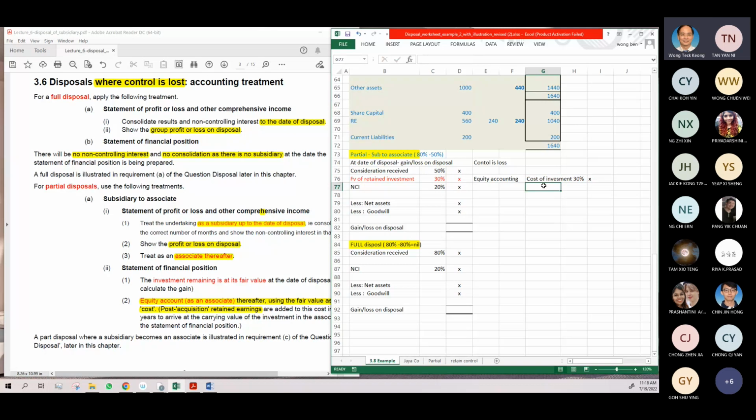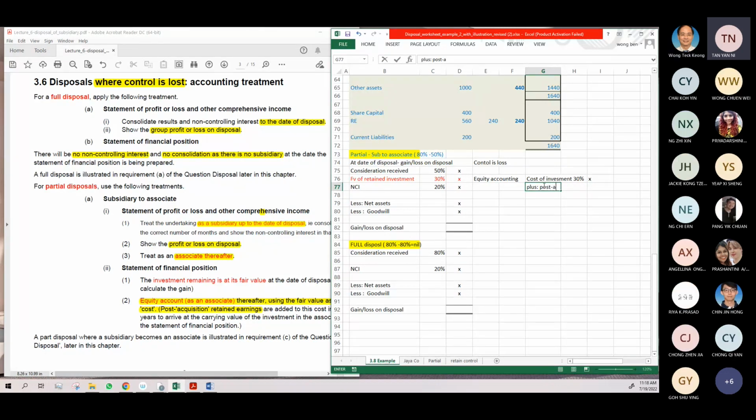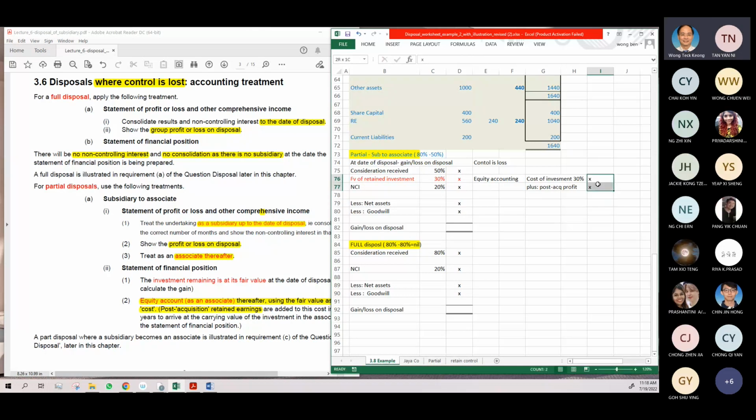And you plus post-acquisition profit. This is called equity accounting. So this amount you total up, you show in your SOFP. So this amount, share of post-acquisition profit, is charged to P&L.